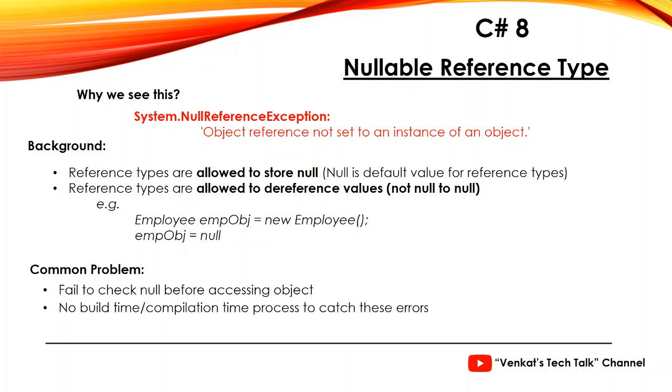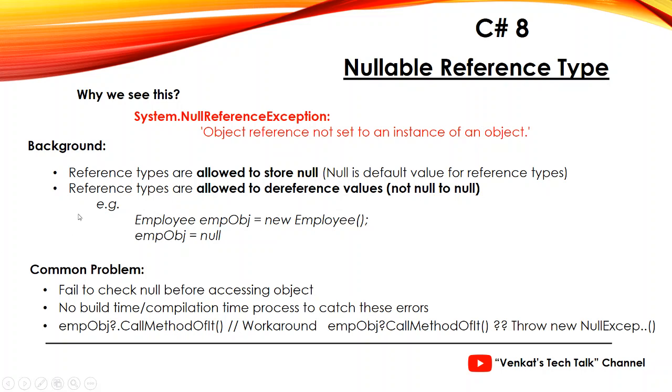There is no compile time warning or error to indicate an object is null or will hold a null value. All these things make it very difficult to handle the situation, even though C# provides excellent programming shortcuts to handle these kinds of things.